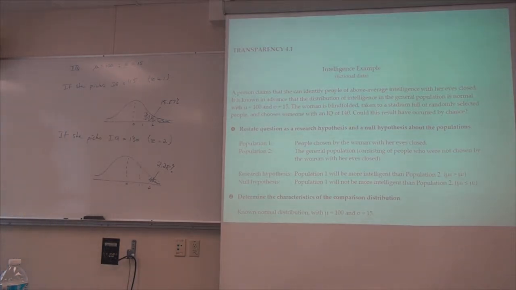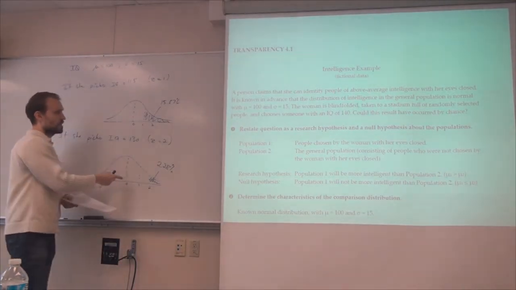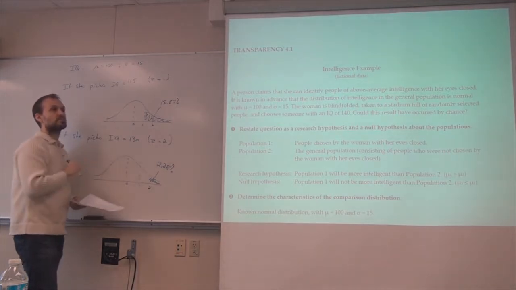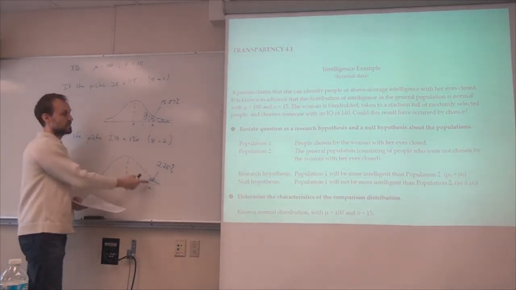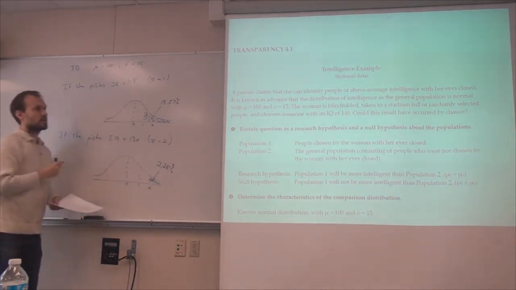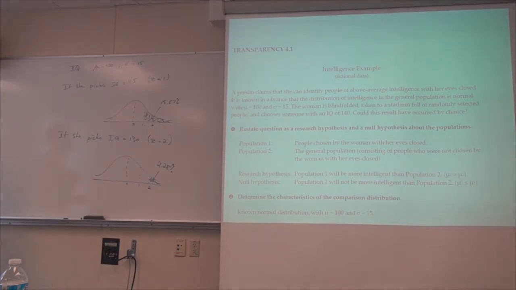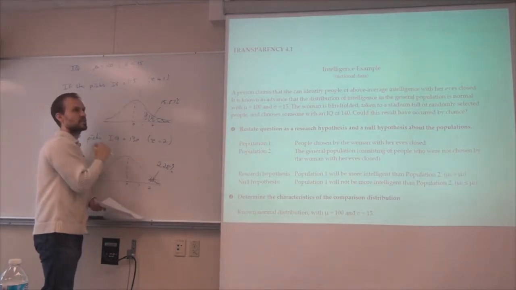You're not necessarily showing me that your claim is true. Whereas if I randomly select a person in the stadium, the probability of me getting someone in this region, 130 IQ or above, is only 2%. So if you can do it with one person, that gives me more evidence to suspect that there's something to your claim.